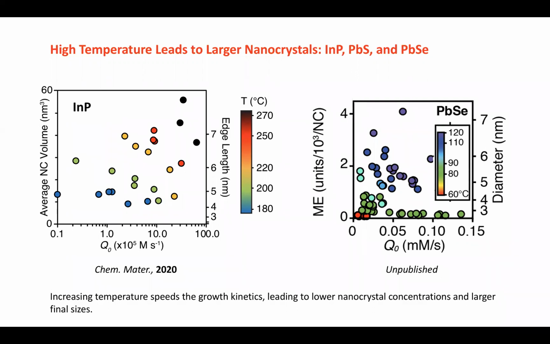I'll show you another example of this in just a moment. It gets harder and harder to grow large crystals. You have to turn the temperature up by 100 degrees to get just a few nanometers larger. It's a big difference in temperature to get what seems to be a pretty small difference in how big the crystal is.